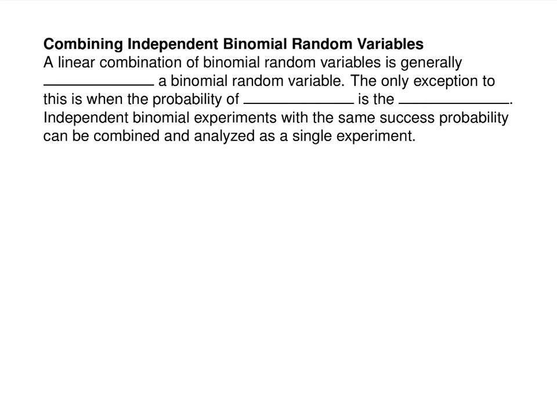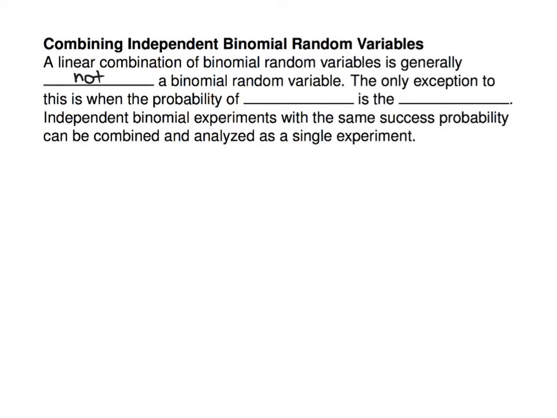Combining binomial random variables is another large family of variables you've been working with. A linear combination of binomial random variables is generally speaking not a binomial random variable. The reason is that a binomial random variable has a certain success probability, and if those two success probabilities are different, you can't have one big overarching success probability.